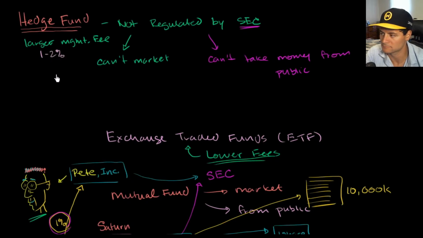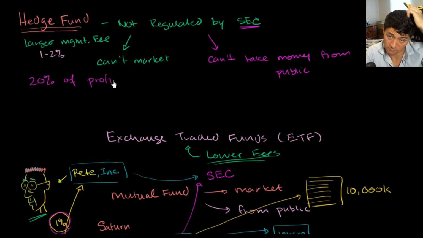But the even bigger difference, and this is where hedge funds are very different from a traditional mutual fund, is that the management company, the general partner, gets a percentage of the profits. So in a hedge fund, the going rate tends to be about 20% of the profits of the fund. Sometimes it's less, sometimes it's a lot more. Some very successful hedge funds get 25, 30%, or even a larger percentage of the profits.